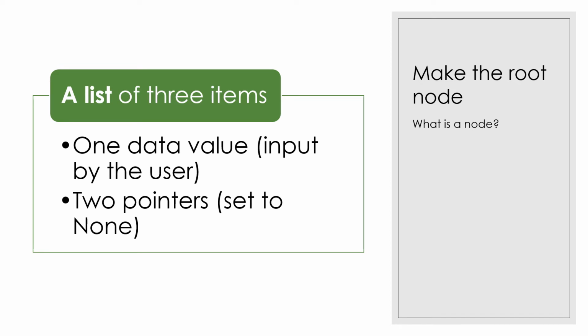And when you make a new node, those pointers are obviously both set to none. So can you create a short Python program which creates just a root node on its own as a short list like this? Quite easy to do. Stop this video, open Python and make that.